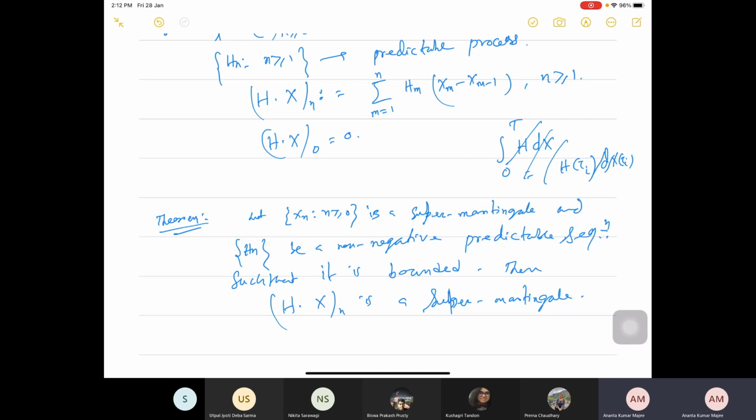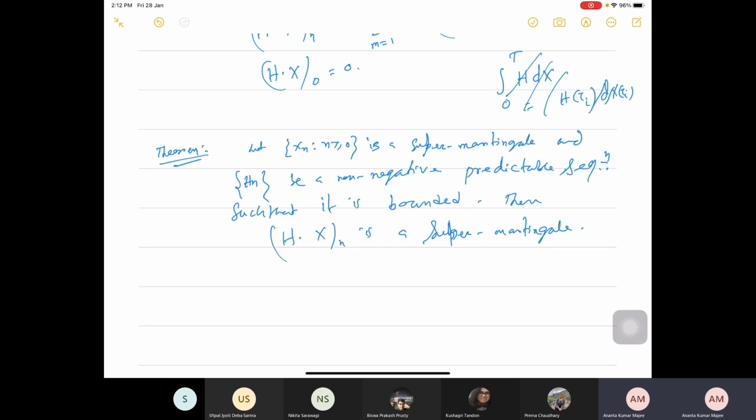You have seen in the previous case, for a submartingale, I need the convex function phi, and it should be non-negative or increasing. But here, since I am multiplying by h_n, for a supermartingale or submartingale you have an inequality. If you want that similar kind of inequality, what you need is that h_n should be non-negative, so that the inequality does not change when you multiply by h_n. Okay, so let us prove it.